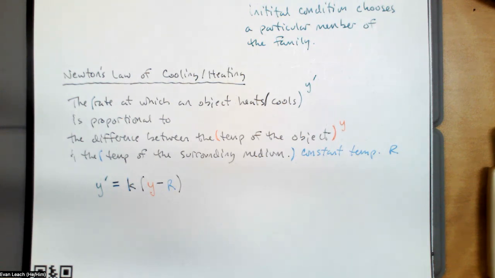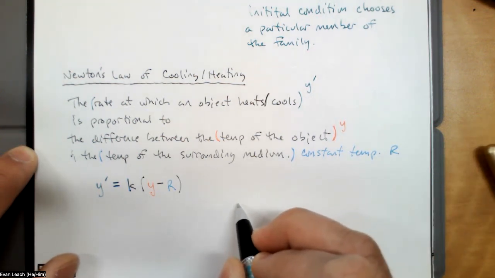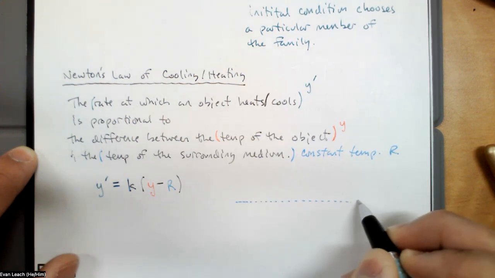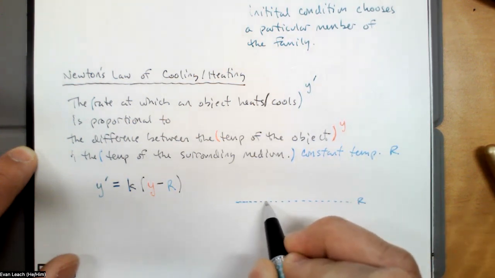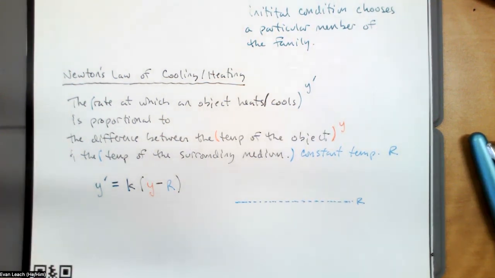We've taken our statement and translated it into math. Our statement involved rates of change, so our statement involved derivatives, so our equation is a differential equation. And we know that there are going to be two possibilities.